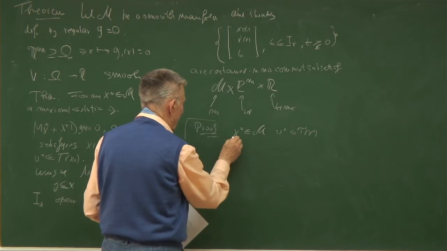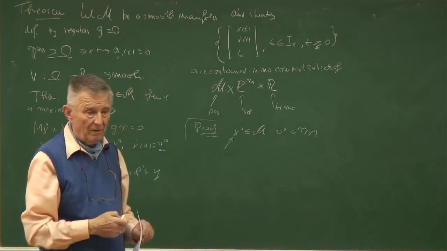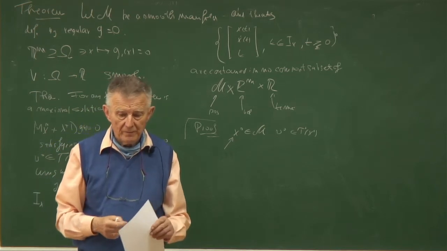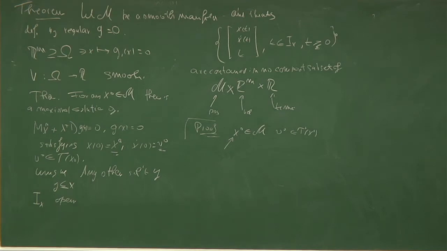We take a parameterization around x0. What does the theorem about parameterizations always say? Take any x from the manifold and I will give you a parameterization covering a neighborhood of it. That's what it is. So we do it now.